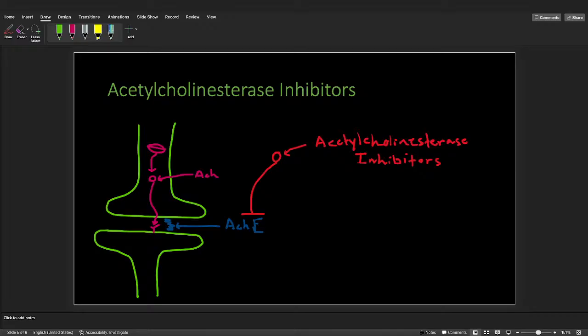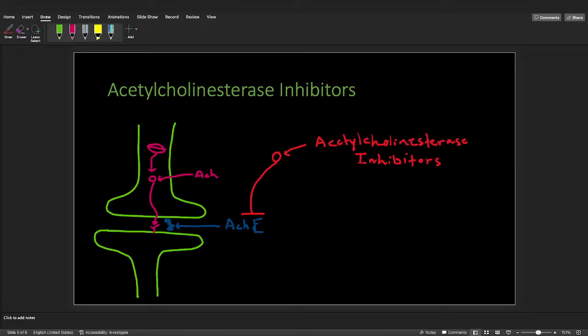So that is why it's important to make sure that patients are treated early in the process when they experience this kind of Alzheimer's disease. So at least they're not losing too much of the memory.